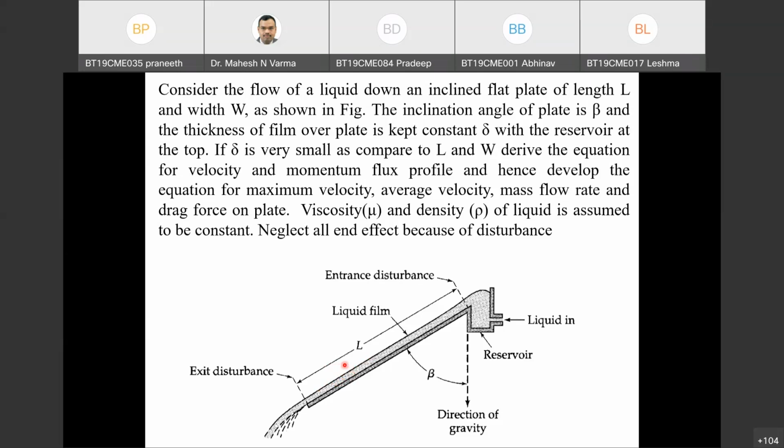Can anybody think of any other boundary condition? Viscosity is assumed to be constant. How is this information used? Roll number 61, Rutvik.